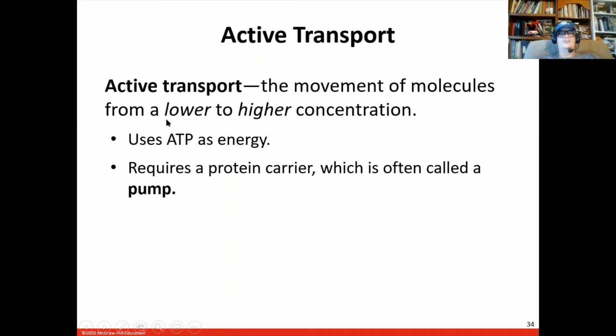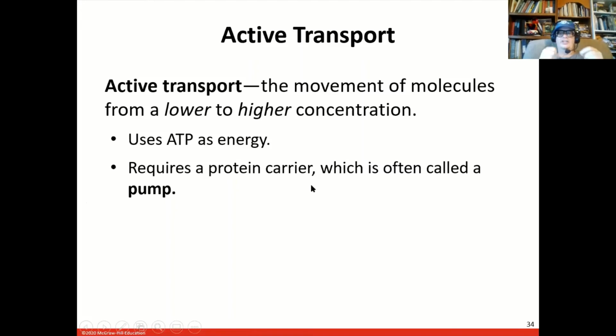Most active transport is powered by ATP. So the A in active can remind you of the A in ATP. The A in active transport should remind you that we are spending energy, usually ATP, to get the things to happen. And so there is again a helper protein, but this helper protein is a pump.